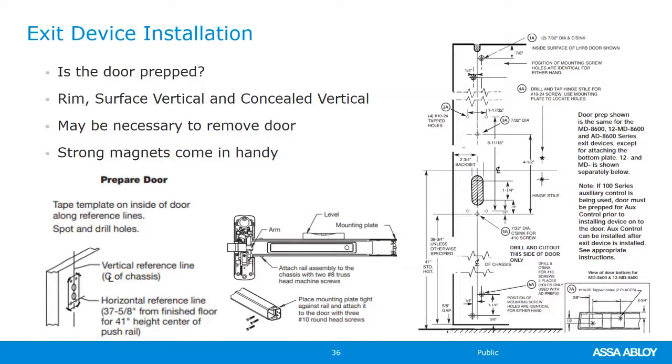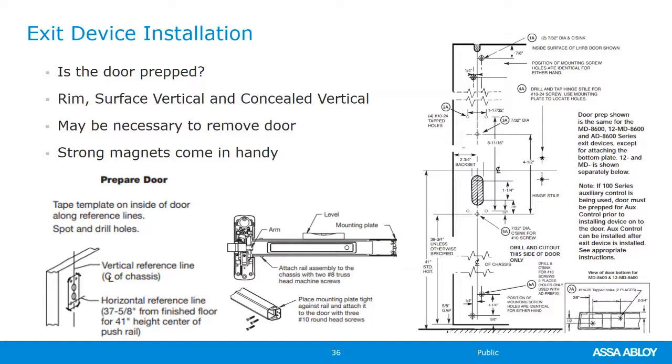Well, then we go off of the installation instructions that tell us we're 37 5/8 off of the finished floor, or we're 41 inches from the center height of the push rail to the finished floor. We go off of those measurements unless the owner has something specific. They have a standard that we would use in the other case.